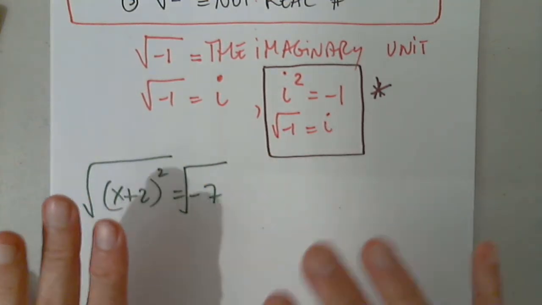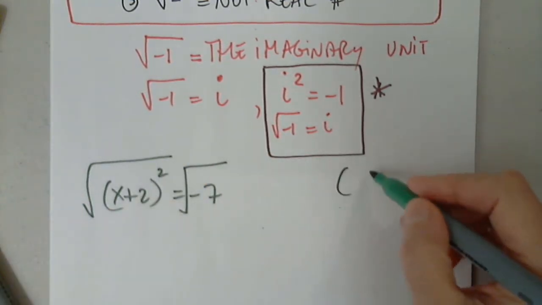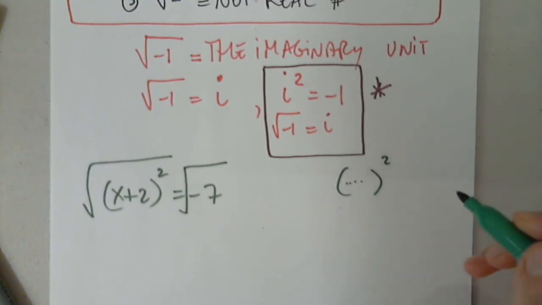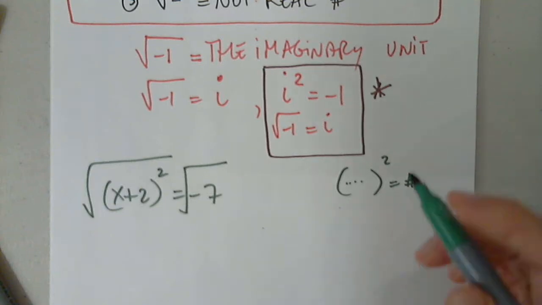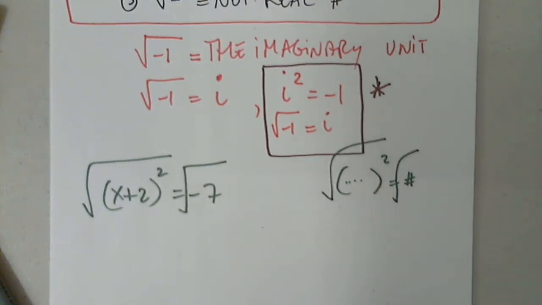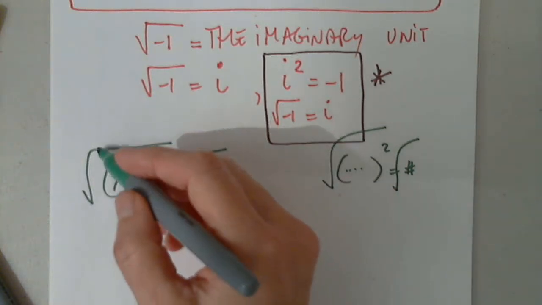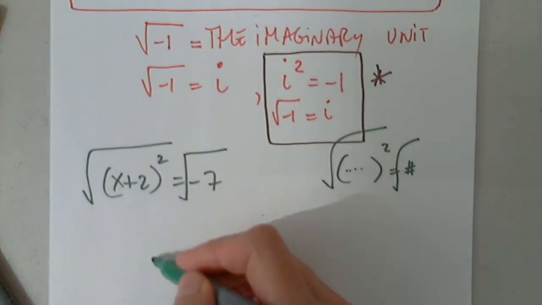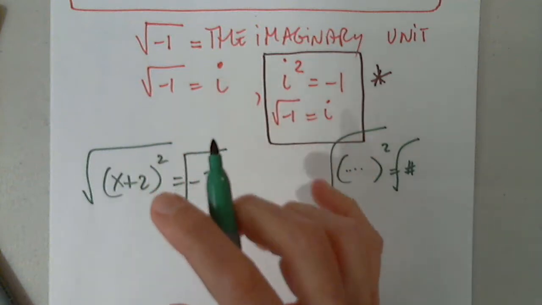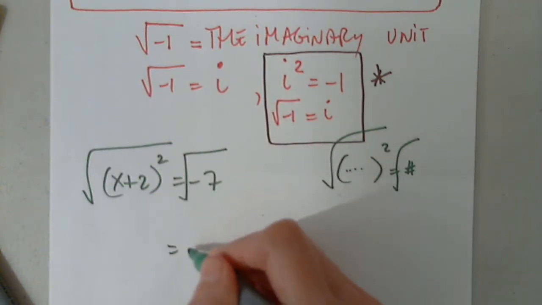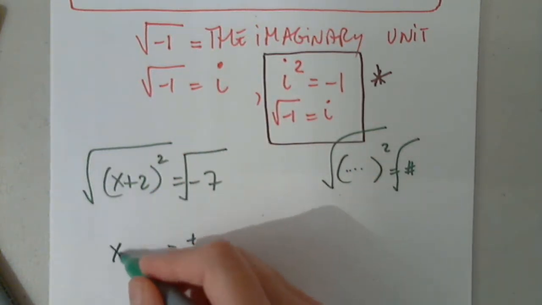Because the setup is something squared with a variable in it equals a number. Every time I see this setup, I think of taking the square root. Very convenient. But remember, I should write the answer as the absolute value of x plus 2. I will not, because instead of that, I put plus or minus on the other side.